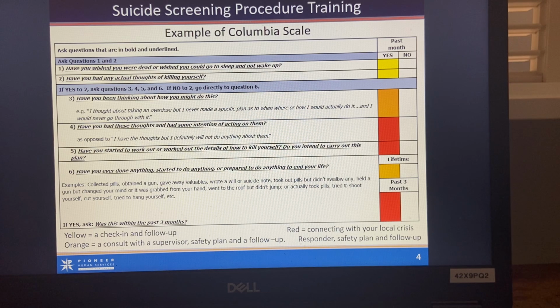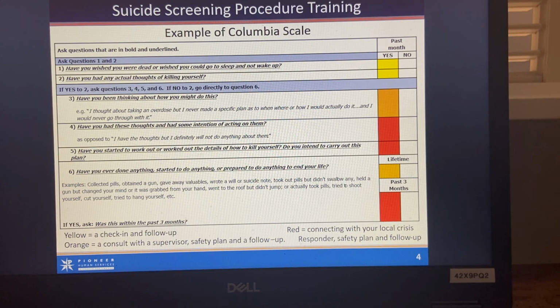We also ask that that information is shared amongst the team, either in a progress note or also potentially in an email or a consultation that the staff have with one another, so that all staff are aware of a person's potential plan and risk level.